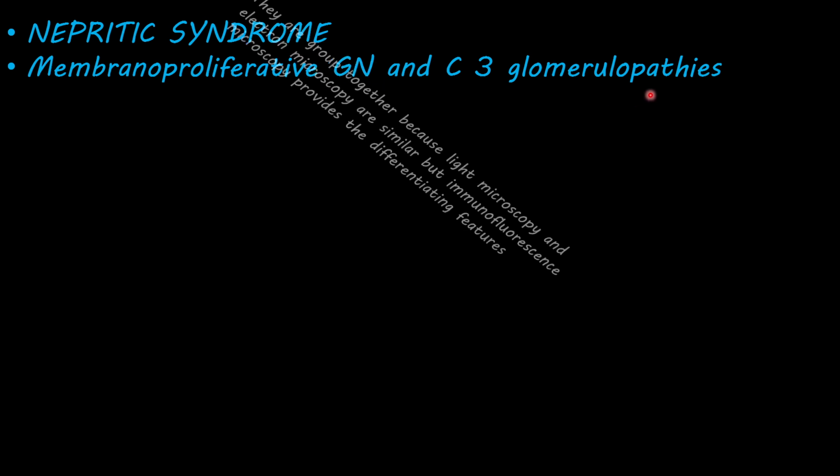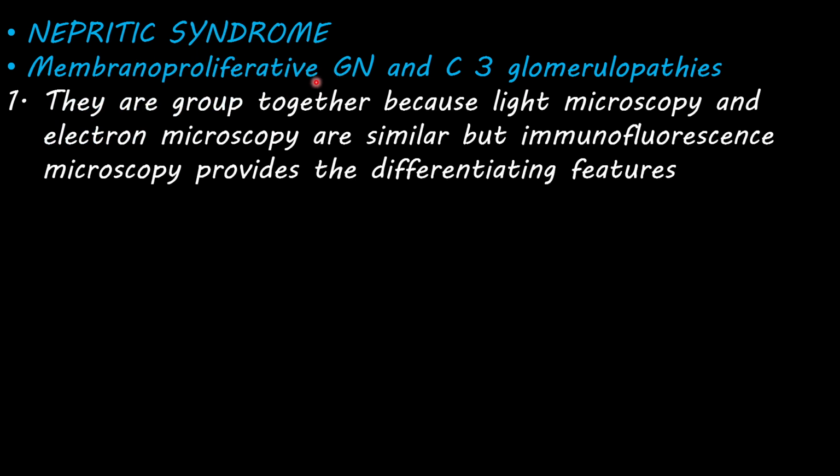Now let's discuss membranoproliferative glomerulonephritis and C3 glomerulopathies. Actually, membranoproliferative GN is a chronic process. These two problems are grouped together because light microscopy and electron microscopy are similar, but immunofluorescence microscopy provides the differentiating features. So let's discuss that.